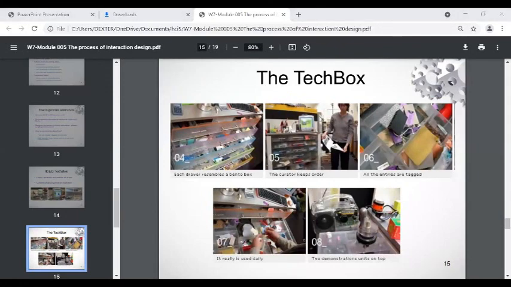Okay, so the innovative product design company IDEO was mentioned in our previous lesson, right? Some of its creative flair is a collection of weird and wonderful engineering housed in a large flatbed filing cabinet called the tech box.